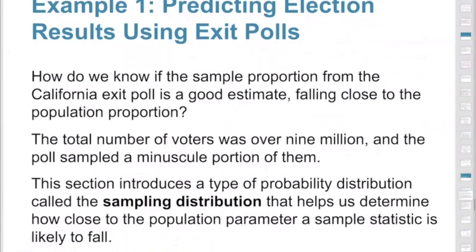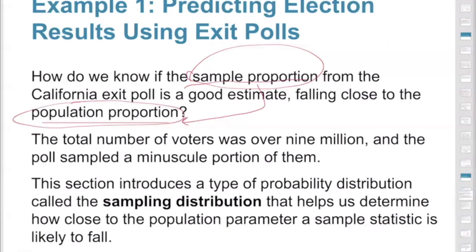For example, predicting election results using exit polls. How do we know if the sample proportion from the California exit poll is a good estimate, falling close to the population proportion? So here we have two things, the sample proportion and the population proportion. Is this one close enough to the population proportion so we can say it's a good estimate or not?